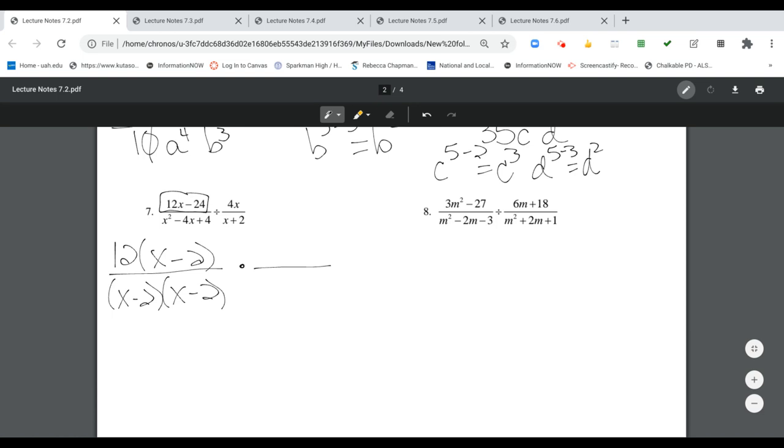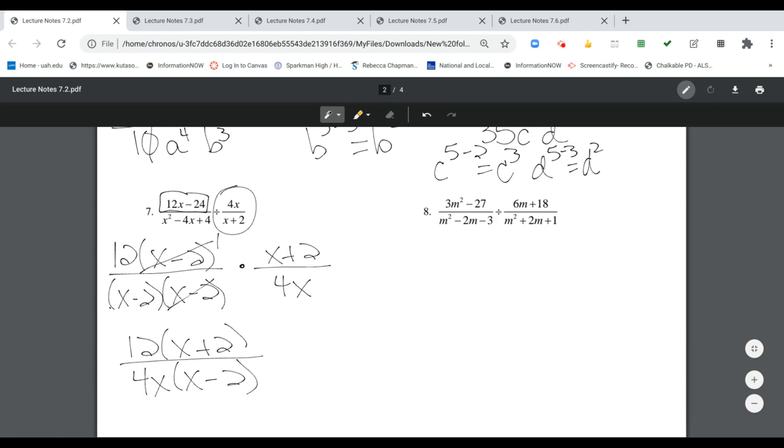I'm going to flip and multiply, so I've got to flip this one, x plus 2 over 4x. Now, the x minus 2's will cancel. That becomes a 1. I cannot cancel anything else, so I end up with 12 over x plus 2. And I have 4x times x minus 2.